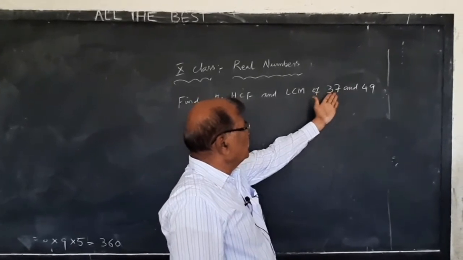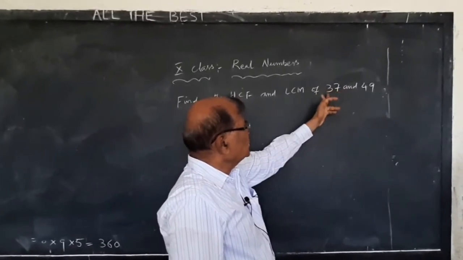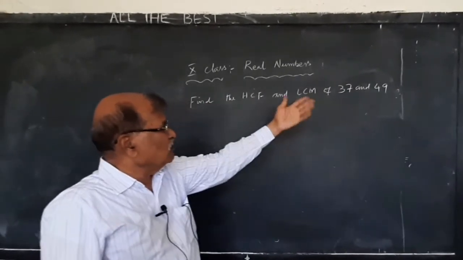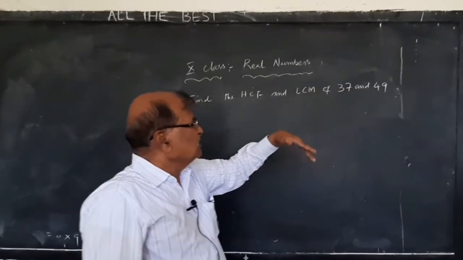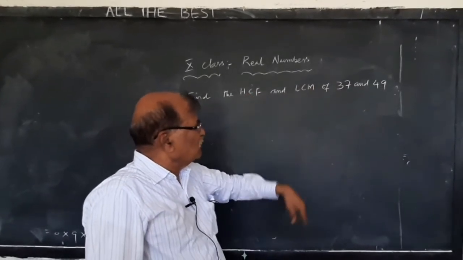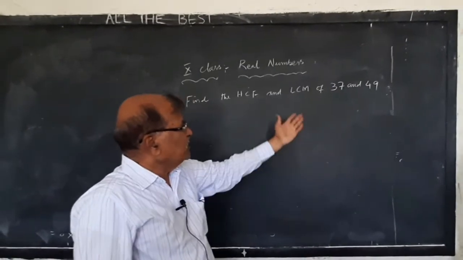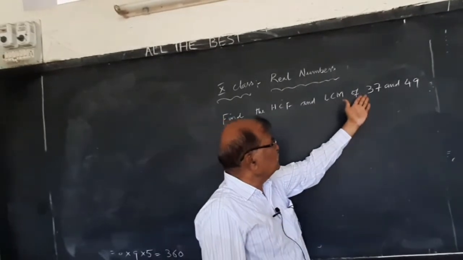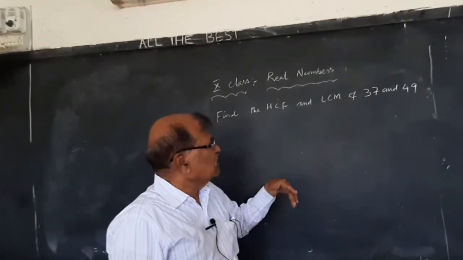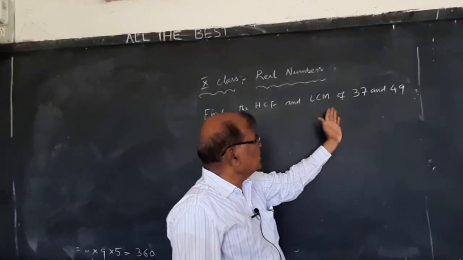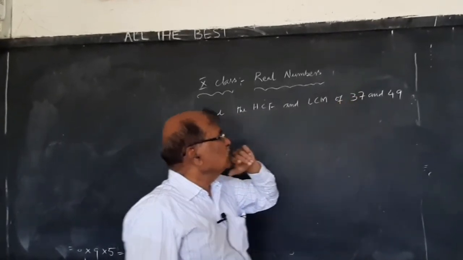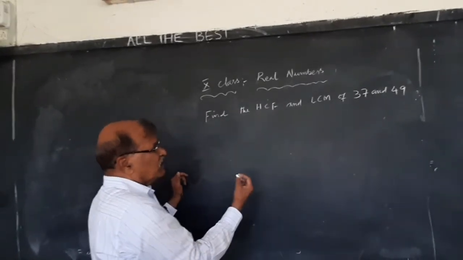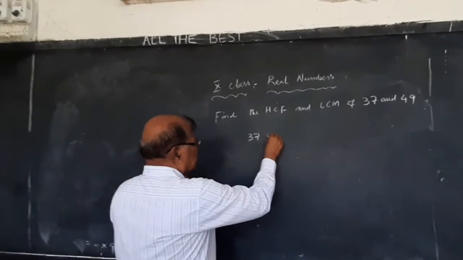It is not divisible by 2. 7 plus 3, it is not divisible by 3. It is not divisible by 4, not by 5. It is not divisible by 2 and 3, so it is not divisible by 6. It is not divisible by 7; 7 5s are 35, no. It is not divisible by 8. Since it is not divisible by 3, it is not divisible by 9 also. So it's a prime number. So 37 is a prime number.